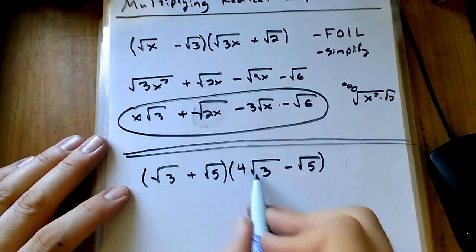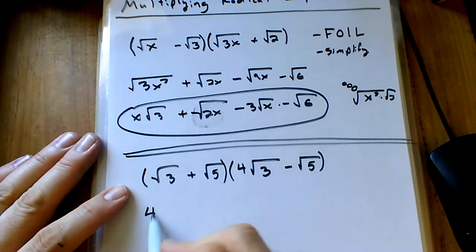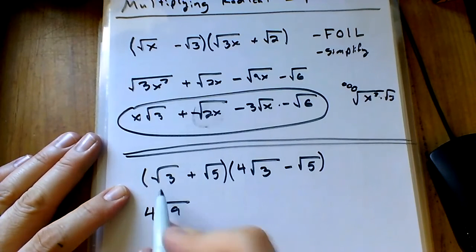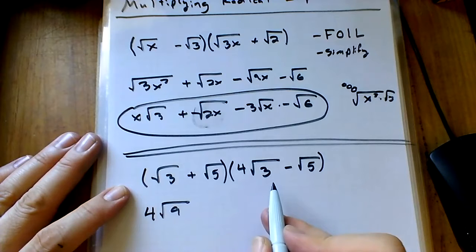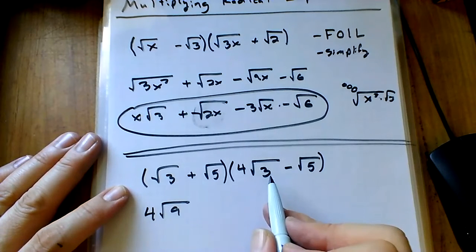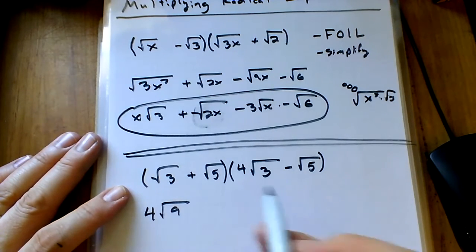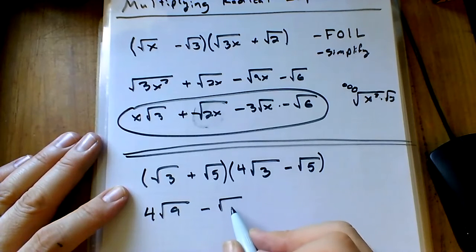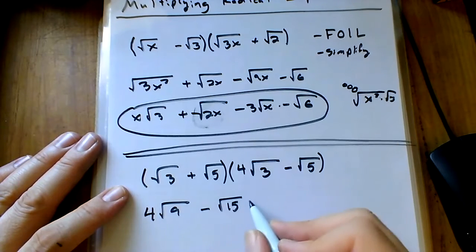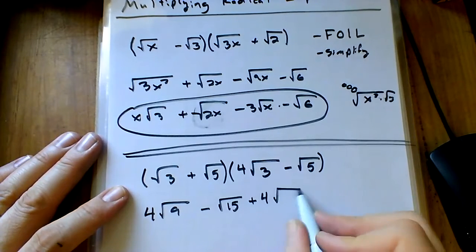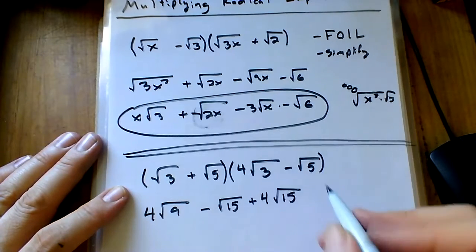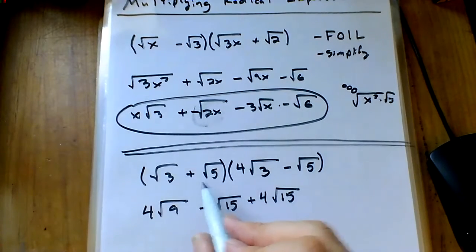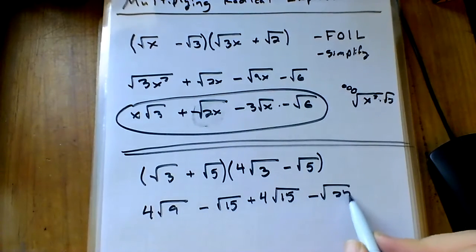So when I FOILed this, this is going to be 4 square roots of 9. Notice I'm just multiplying the radicands, but that coefficient stays outside. Now this is going to be minus the square root of 15, and this is going to be plus 4 square roots of 15. And then at the end, I've got minus the square root of 25.